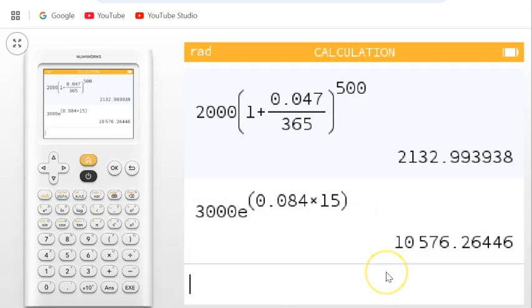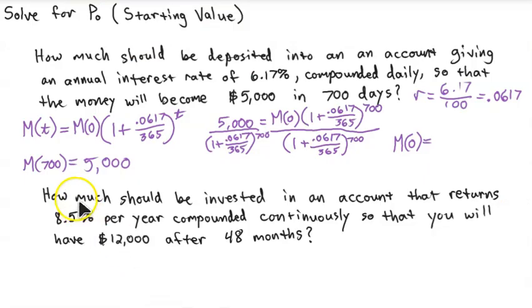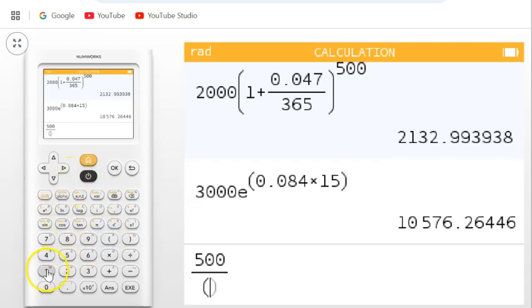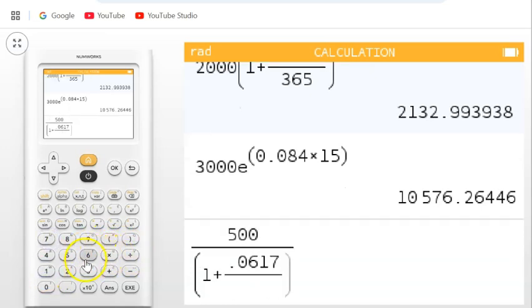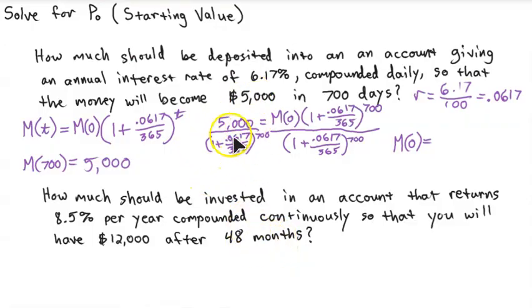It's 5,000 divided by, parenthesis 1 plus, and then it's 0.0617 divided by 365. Then we're going to close the parenthesis, and we're going to raise it to the 700th power. Now you could do these things in pieces if you want to, but this is what you have to calculate.